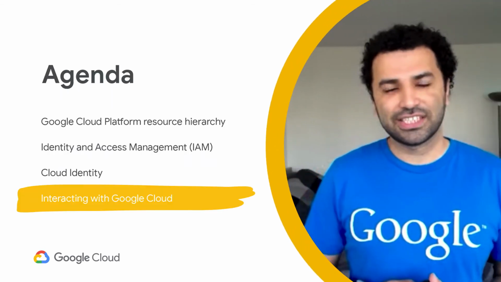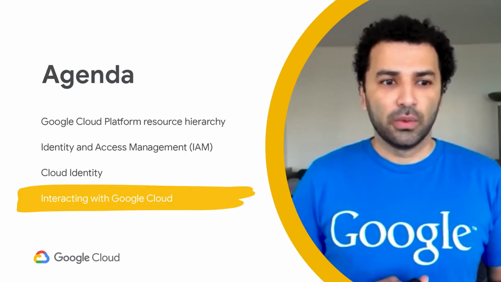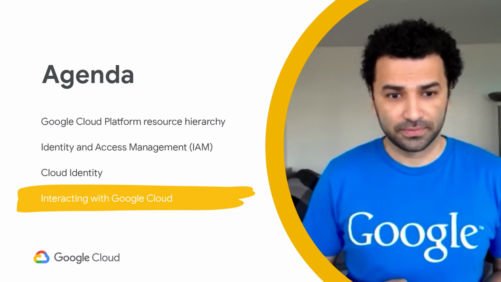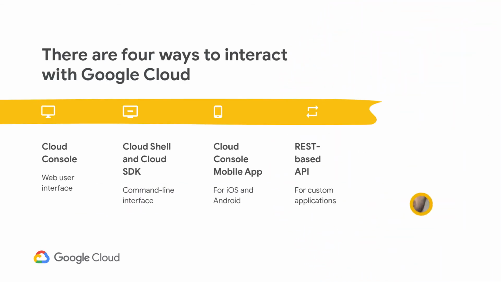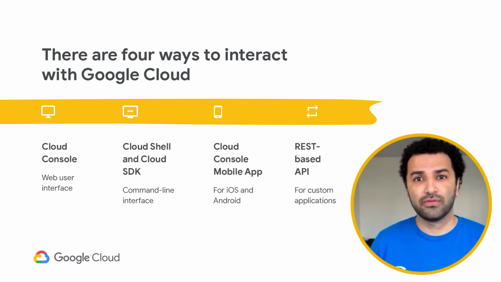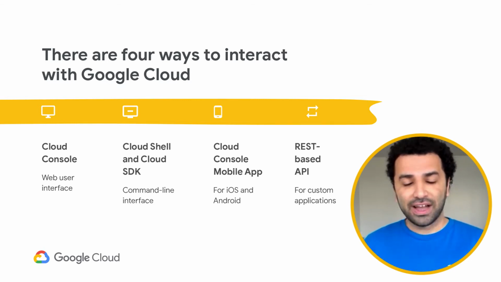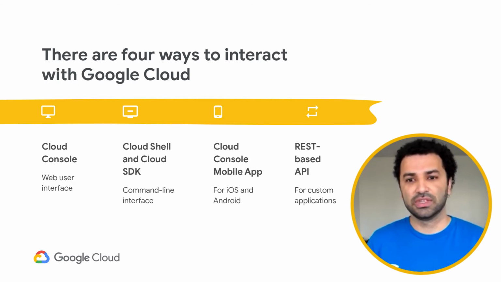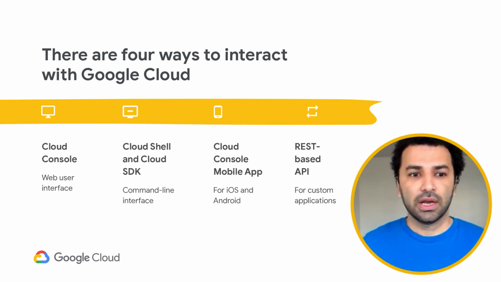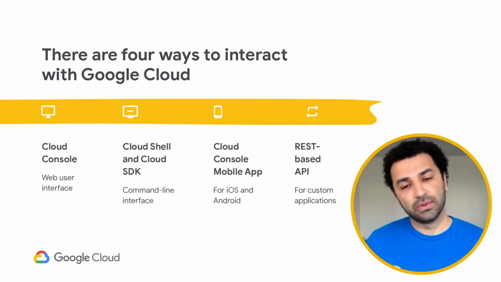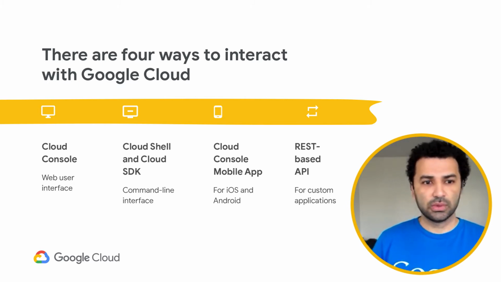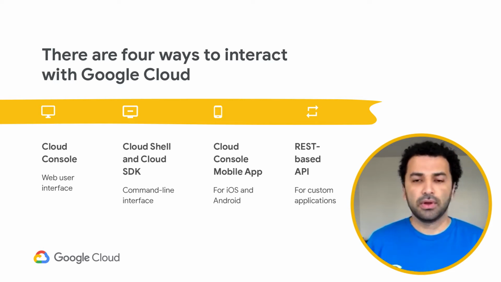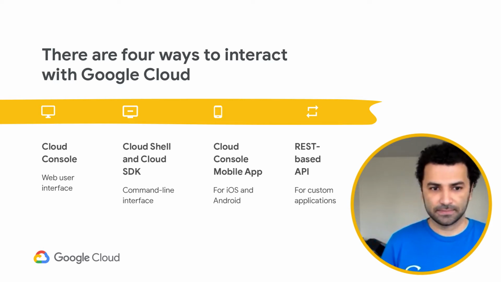Now to the last section of today's agenda, which is interacting with Google Cloud. So far we have learned about several things we can find on Google Cloud, but how can we actually get started and use Google Cloud today? For that, we have four main ways: the console, the shell and Cloud SDK, the mobile app, and the REST APIs.